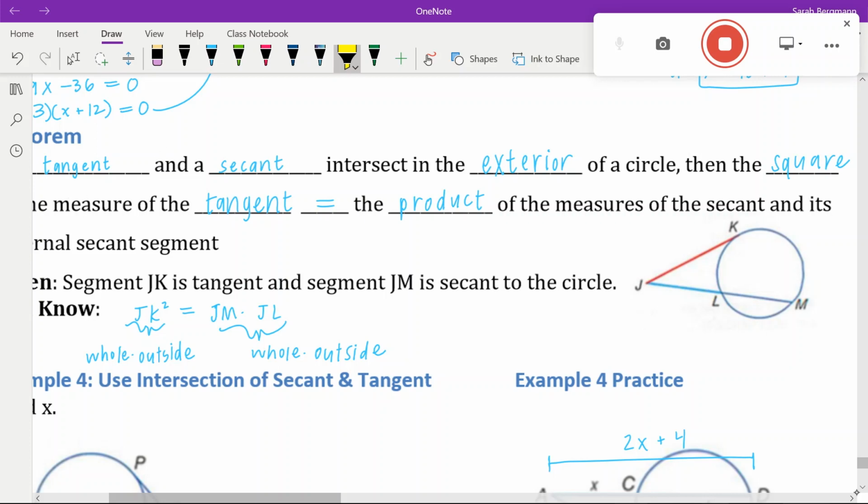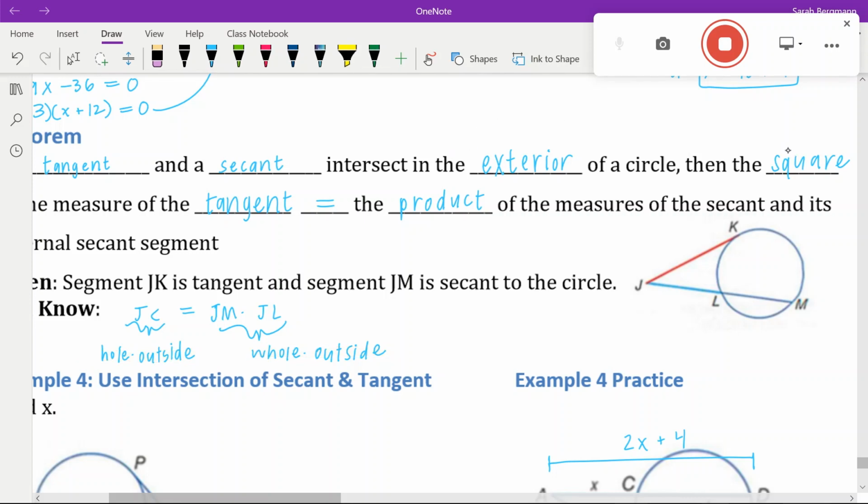So what we know is that it said the square of the tangent. So what that means is tangent squared. So JK squared is equal to the secant, the whole secant segment, so that's JM, times just the outside piece, JL. You can still think of this as whole times outside equals whole times outside.